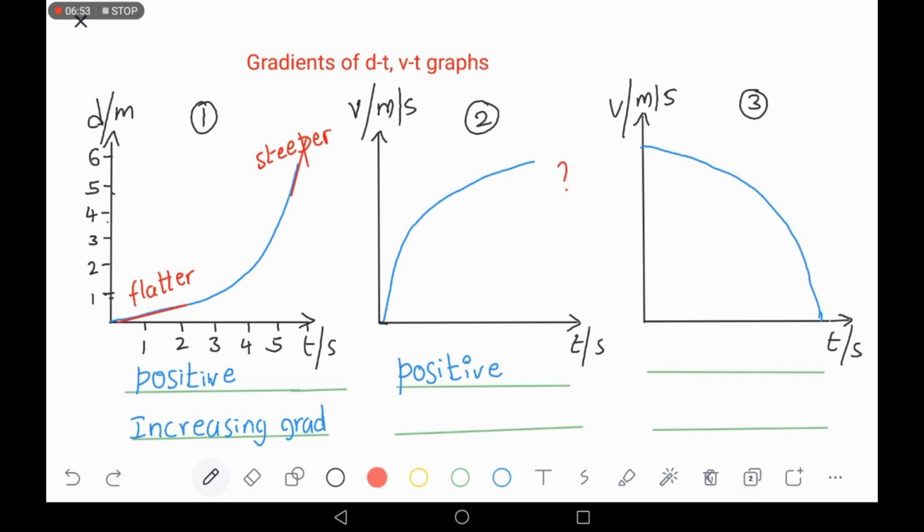To know that, we need to draw two tangents, one at the beginning of the graph line, the second at the ending. The tangent at the beginning is steeper compared to the one at the ending. So here the steeper tangent is becoming flatter, so it is a decreasing gradient.